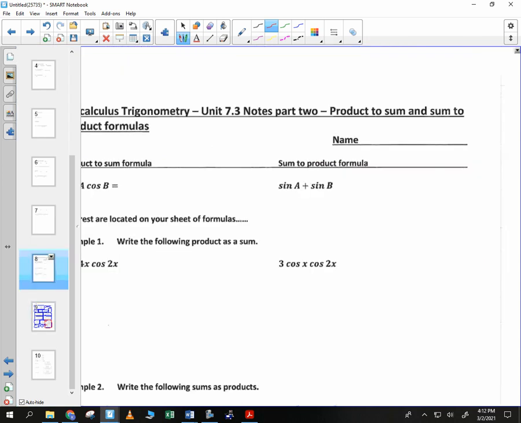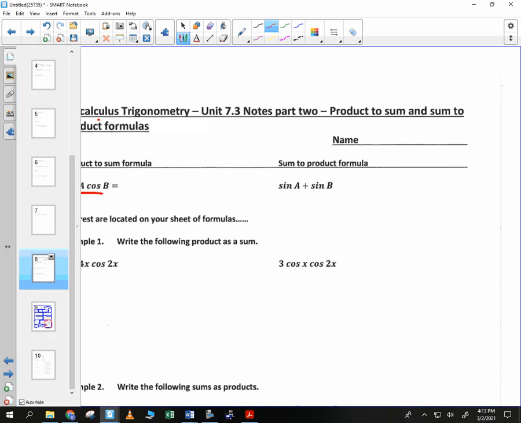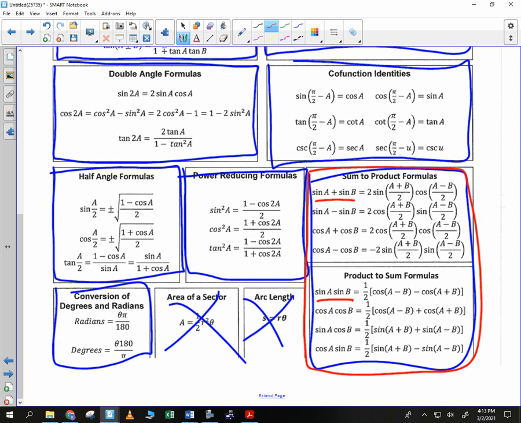First, we just want to explore the identities. I just want to make sure you understand where to find these. So sine of A times cosine of B, that's a product. So I'm going to look for sine of A times cosine of B. It looks like it's right here.